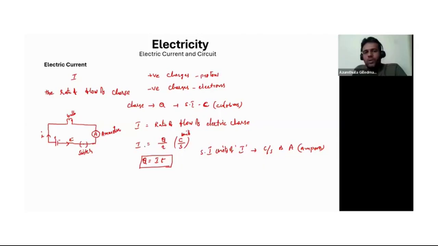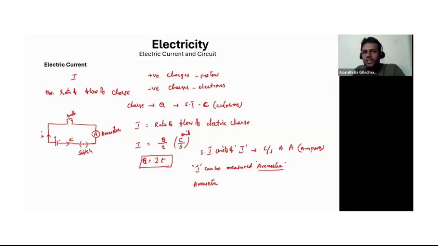Okay, and what else we learned here? Electric current I can be measured using ammeter. The device that measures the electric current is ammeter. And also ammeter always connects in the circuit in series.